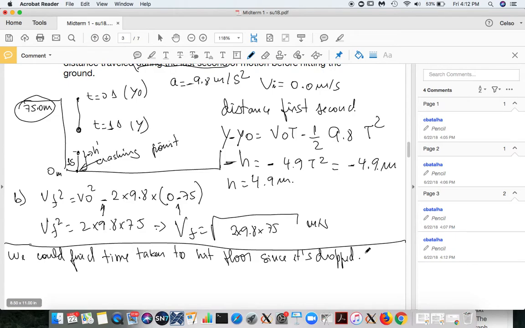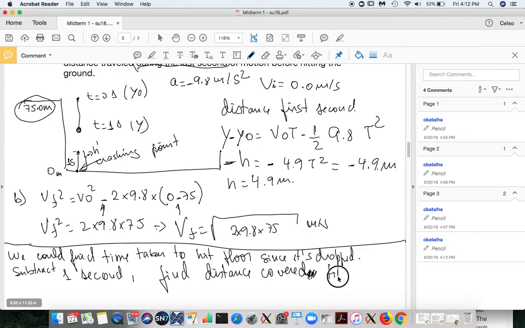So because of that, and we know the height. The height is 75. So since we know the time, we subtract 1 second. And then we find the distance covered till 1 second before crashing.